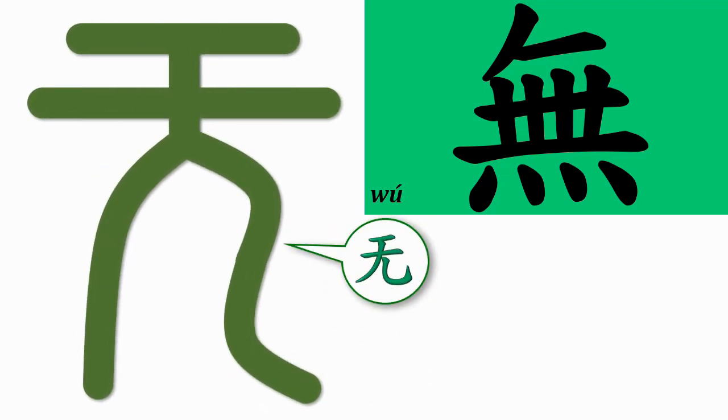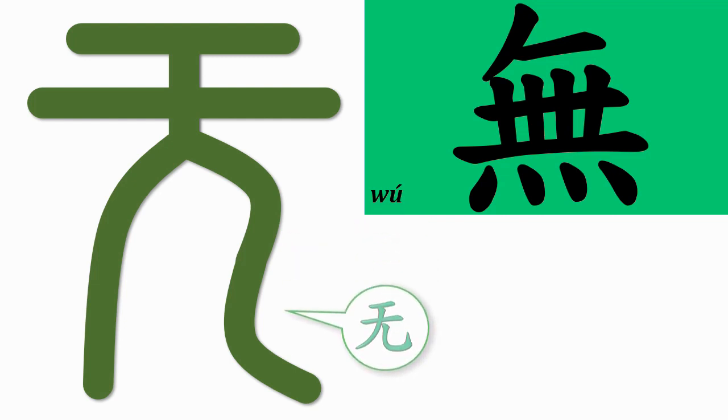Pronounced second tone, wu, wu. It retains a fragmented dancer, vertical stripes for the rings, and 4 dots for the trees.